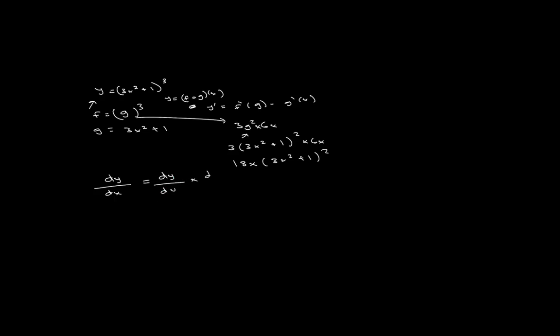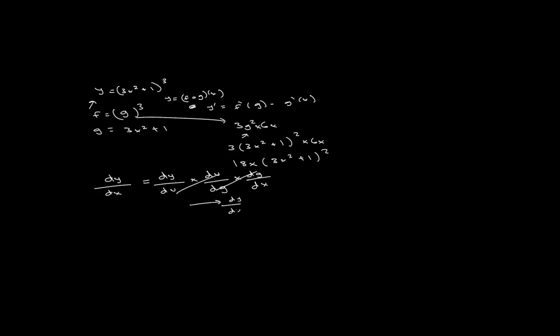Then, say u is an intermediary function of g, we find the derivative of u with respect to g, and then g with respect to x. You can treat it like fractions, so that all of these sort of cancel out, and at the end you get dy over dx.